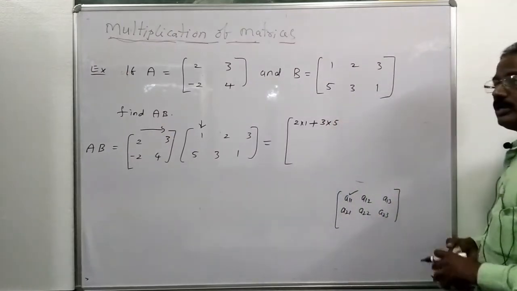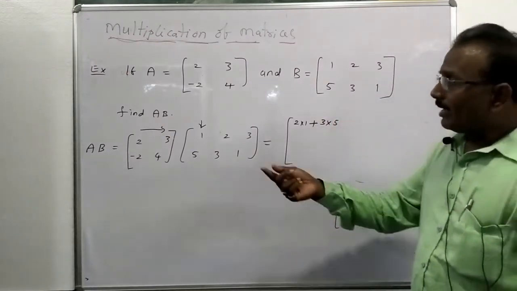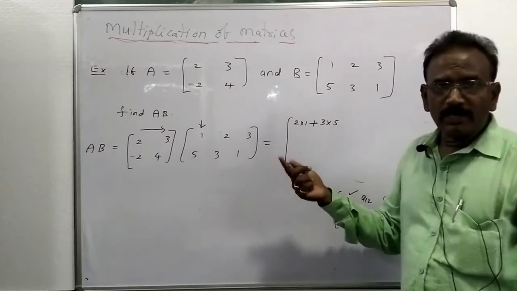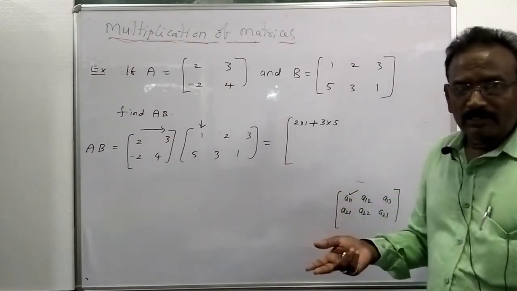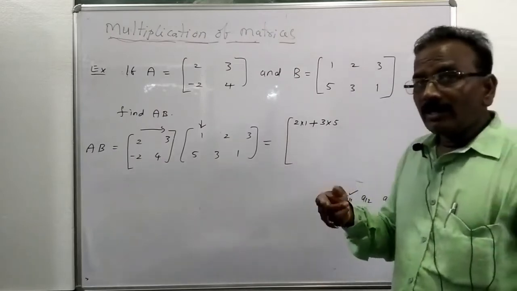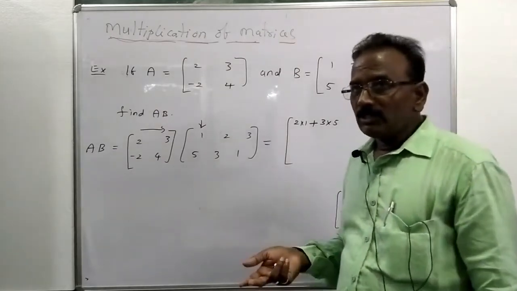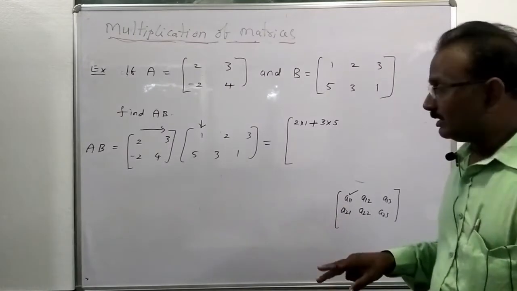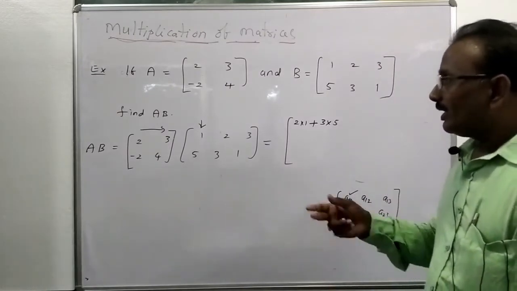In addition and subtraction, what do we do? We add the corresponding elements of matrix A and matrix B, and we get the addition of the matrices. Next, the difference of matrices is obtained by subtracting the elements of B from the corresponding elements of matrix A, and we get the difference of the two matrices. But in multiplication, you should not directly multiply the corresponding elements.